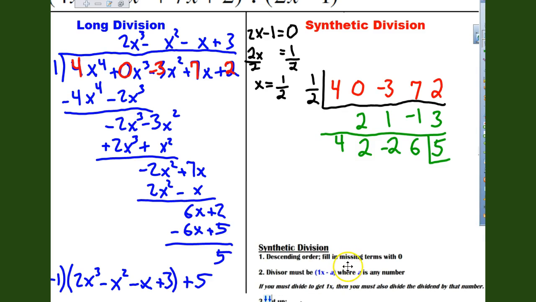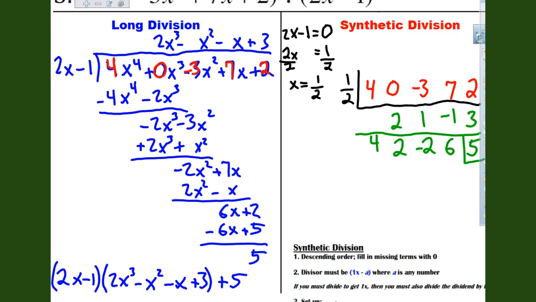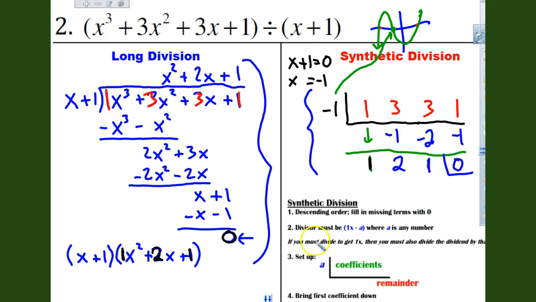What do you think? Anybody pick up on anything interesting here, though? Let's go back here. Remember, these should match, right? We should be getting the same answer like we did here.